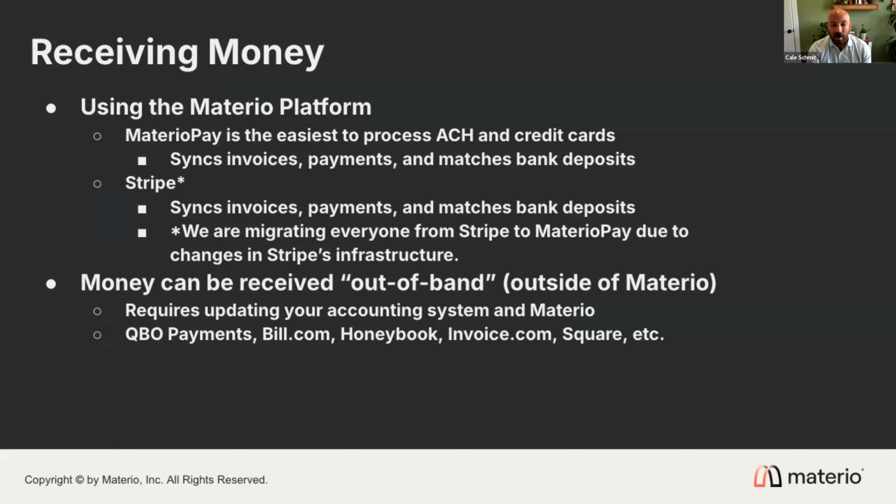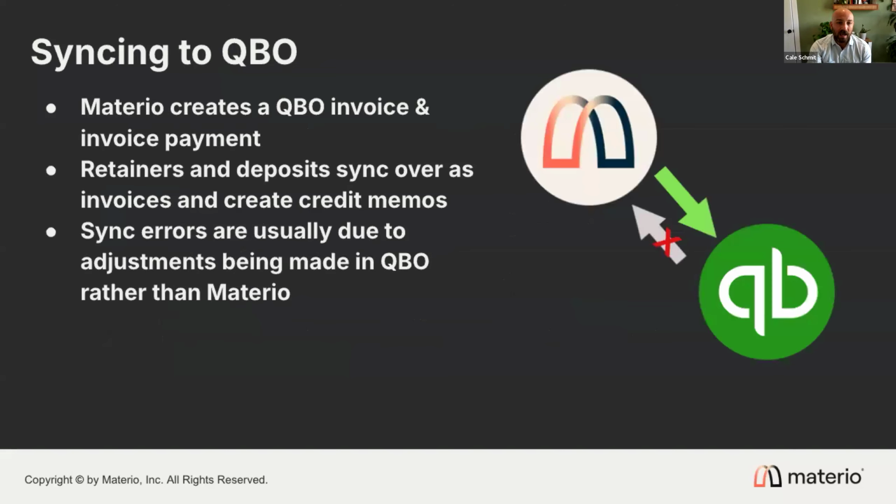So now that we know how to request money, how to receive money, we're going to talk about what it looks like in QuickBooks. So again, Materio syncs really well with QuickBooks, but I want to emphasize that it's a one-way sync that pushes information to QuickBooks. So as you make changes in Materio, we update QuickBooks.